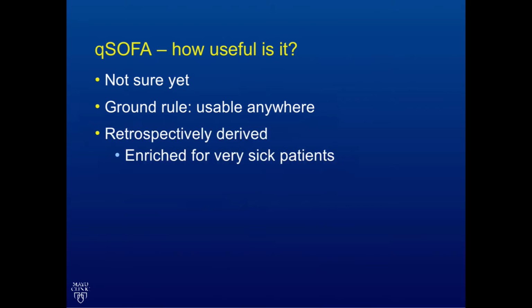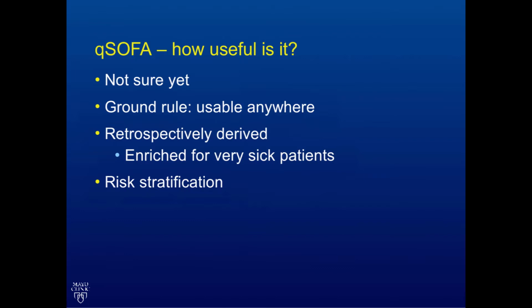As I said, it's retrospectively derived, which did enrich for more sick patients than we would see in an undifferentiated population, that this would have to be implemented to assess. And this is the most important point. Like I said earlier, I want you to start thinking about what you can do something about as opposed to just knowing that someone's going to have a problem or a change in their clinical state.